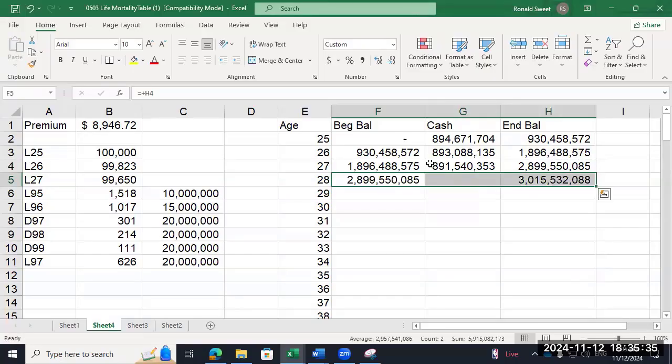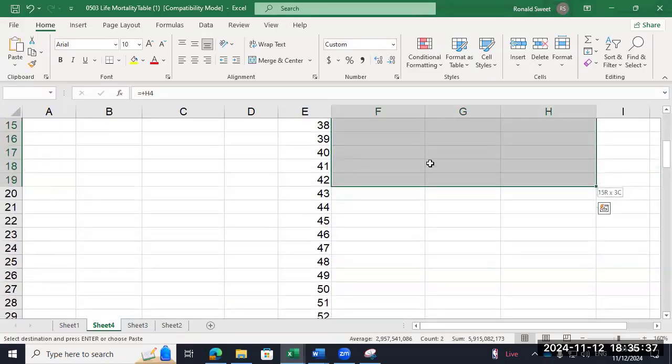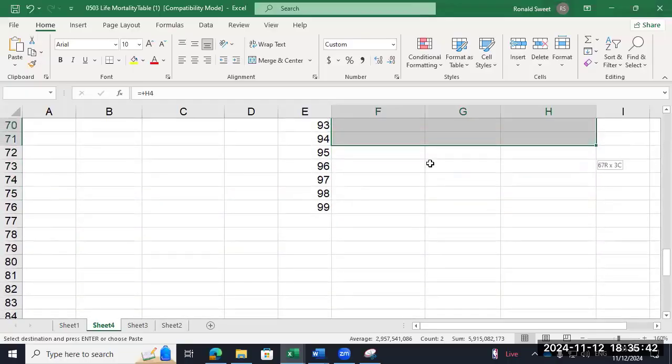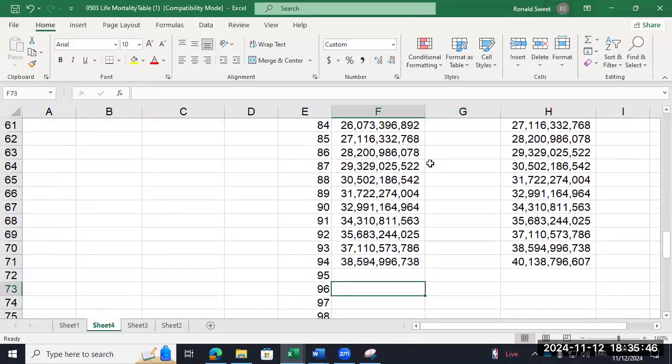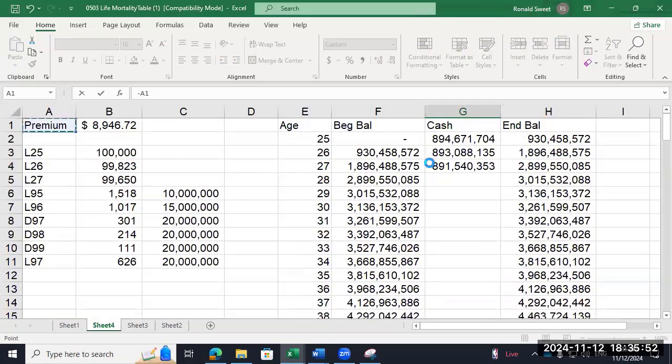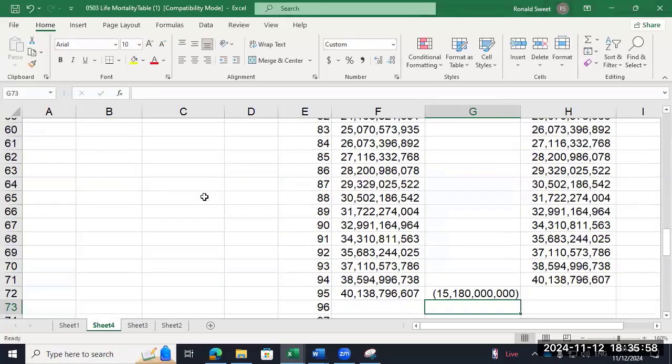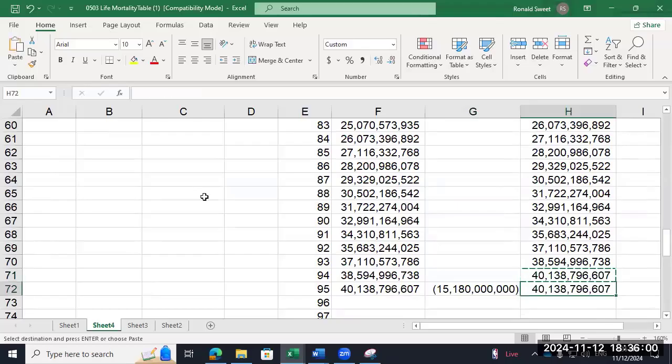Then your balance just grows until what year? All the way out to 95. So it's going to grow pretty enormously. Up to $40 billion. And here, what are you going to pay? You're going to pay minus 1,518 times $10 million. That's going to come out of your balance.